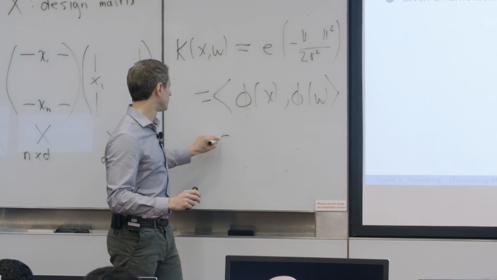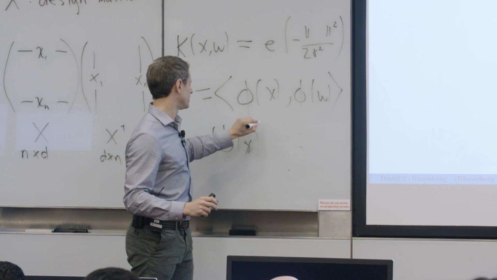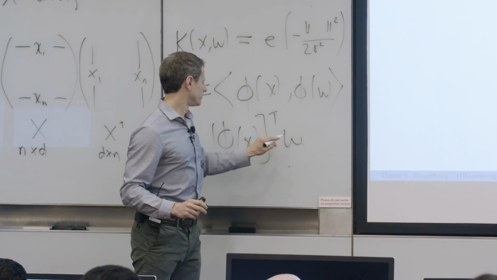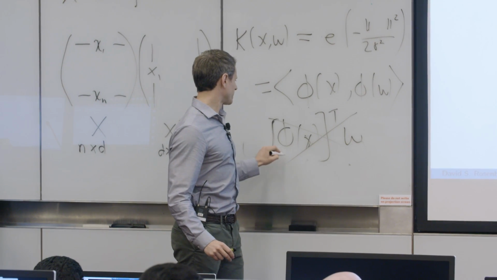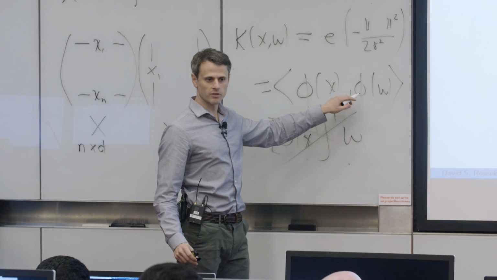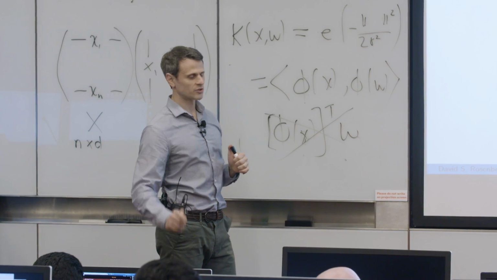There's no raw phi(x) transpose w or something. This does not show up in a kernelization because it's not in an inner product with another input vector.